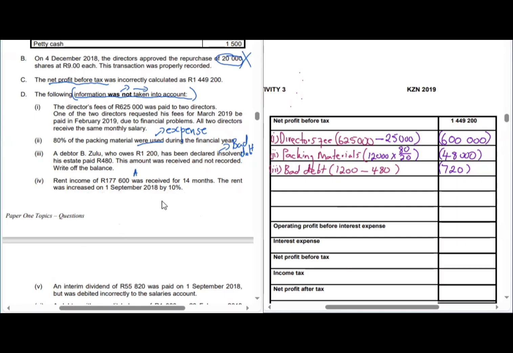So guys, in this transaction, they forgot everything. All the information was forgotten. So now we'll go to our what? We'll go to our answer sheet and write transaction number 4. Then it's a rent income.